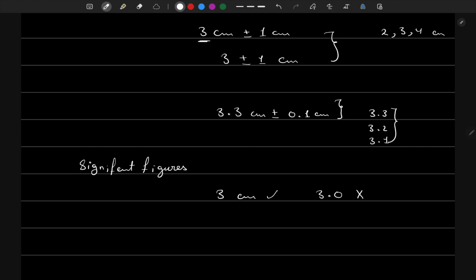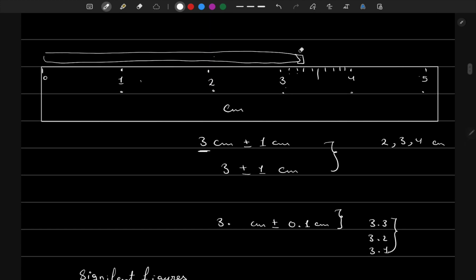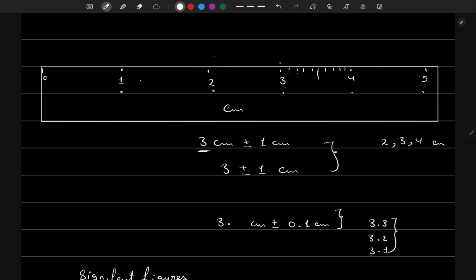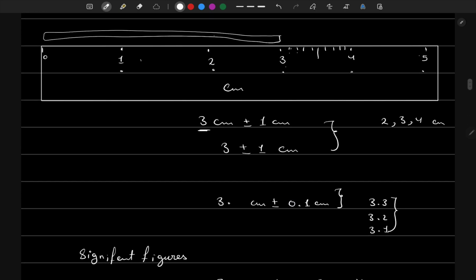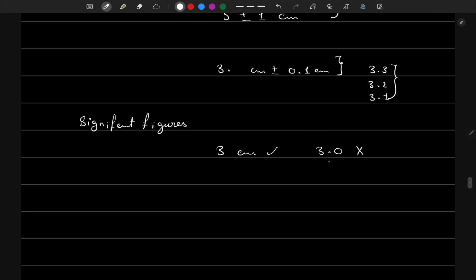Here comes significant figures. In the second one, even if it was really 3, let's say that it actually ends on 3 here, because I have millimeters, I can say that it's 3.0 centimeters and I cannot say that it's just 3 centimeters.